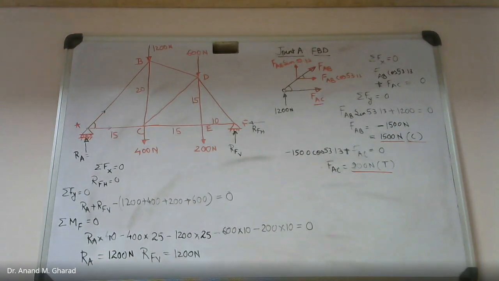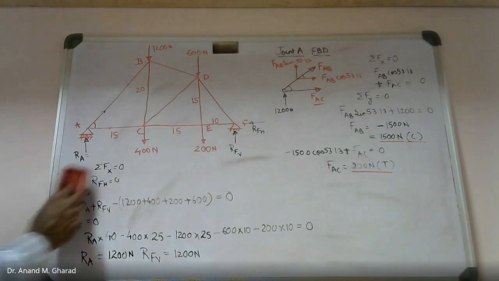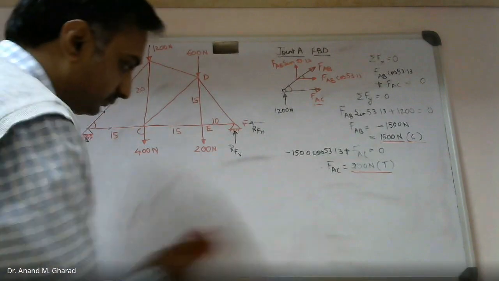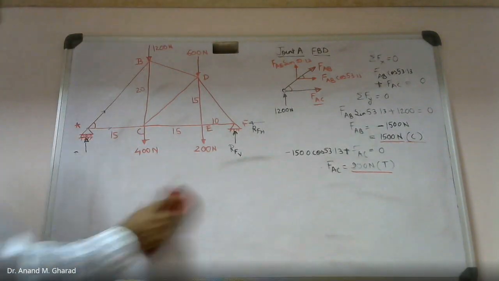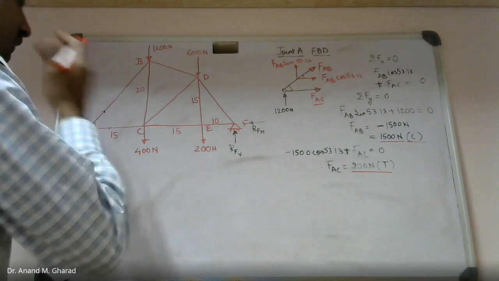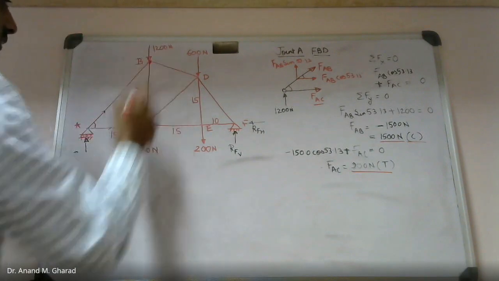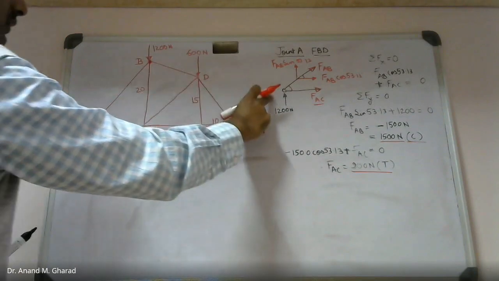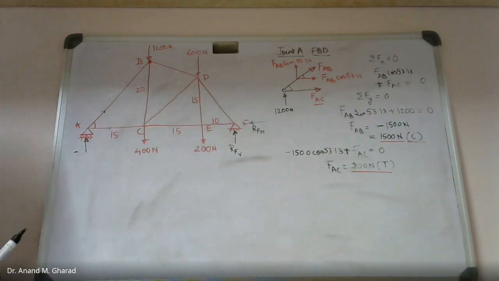Then similarly, you can go to another joint. After finding out all these values, you can go to the next joint. What is that joint? Can I consider joint B? Yes. Can I consider joint B after solving for joint A? Let us try.